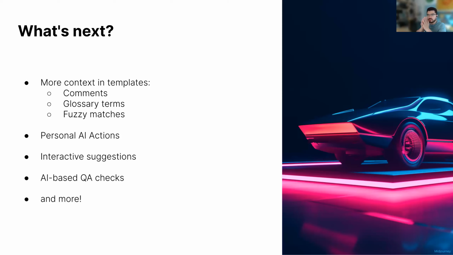For example, right now you can use source text, target text, source language, and target language as so-called placeholders in prompts, and construct your prompts around those so that GPT has this context. So what we are working on is an ability to add comments, glossary terms, and different pre-existing fuzzy TM matches into the mix, and construct prompts in a way that will use previous translations in order to provide more consistent output.